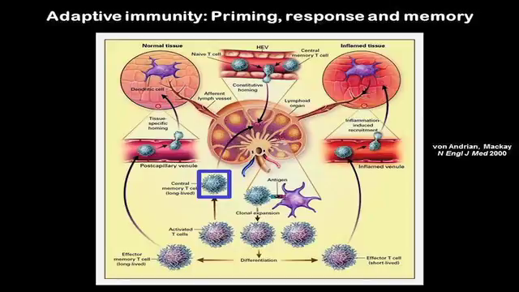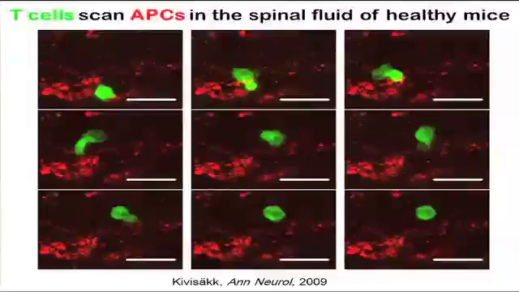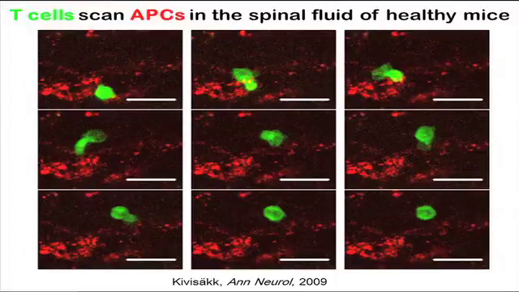The person who did this research in my lab was Pia Kivasak. You can see her name at the bottom of the next slide that says T cells scan APCs in the spinal fluid of healthy mice. So after Pia made this discovery about T cells in spinal fluid and made the proposal that these are the T cells that carry out immune surveillance of the central nervous system, she wanted to go further and prove it.